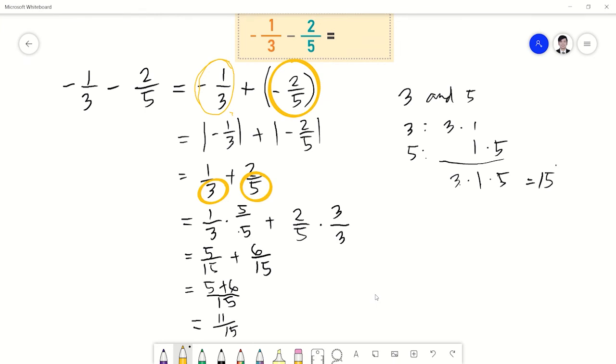They're both negative. That means for our final answer, we just have to copy the common sign, which is negative, and then 11 over 15. So there you go. Negative 1/3 minus 2/5 is equal to negative 11 over 15.